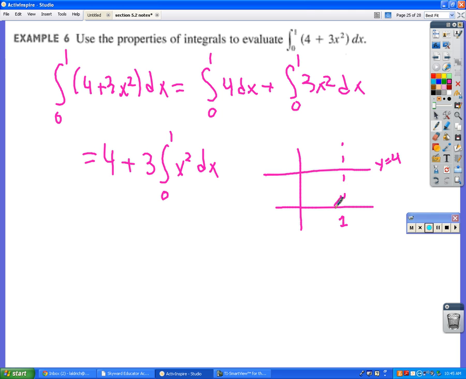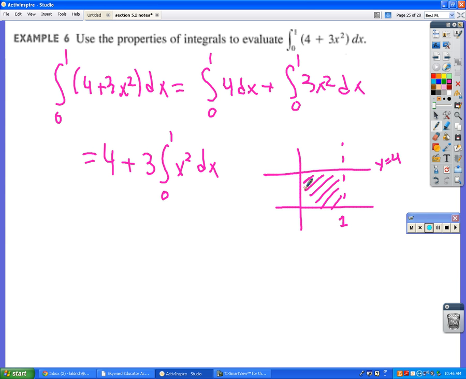So this is just a rectangle with a width of 1 and a height of 4, and so 1 times 4 is 4. That's what we're doing when we are answering this question: what is the area underneath the curve y equals 4 from 0 to 1?